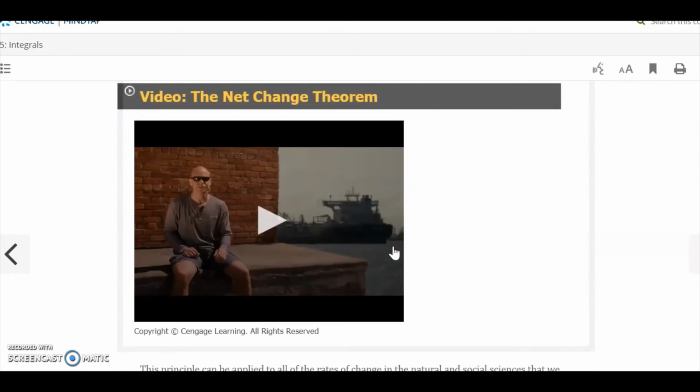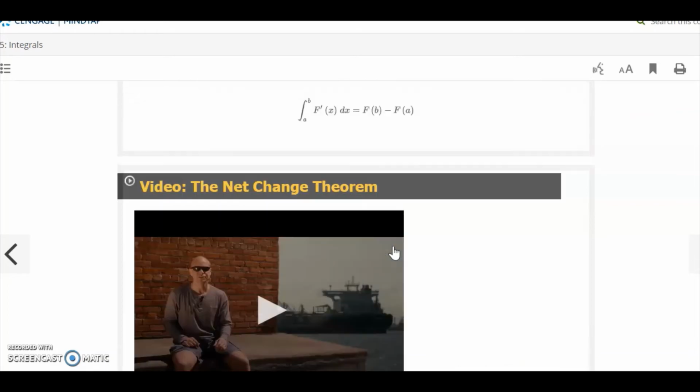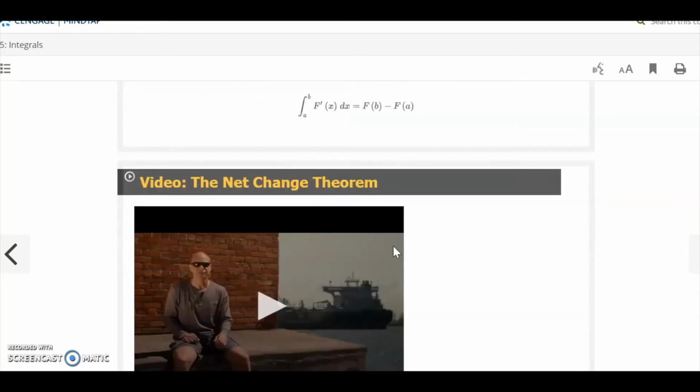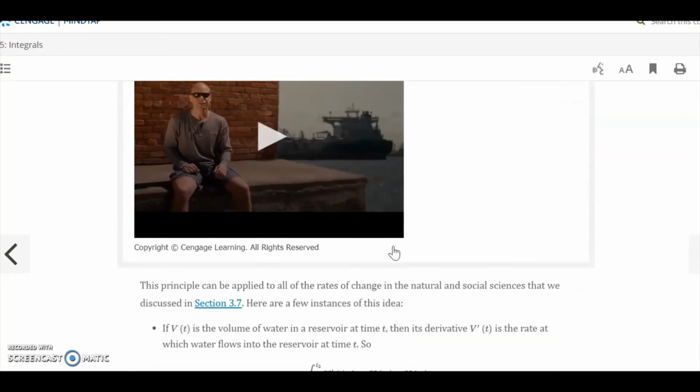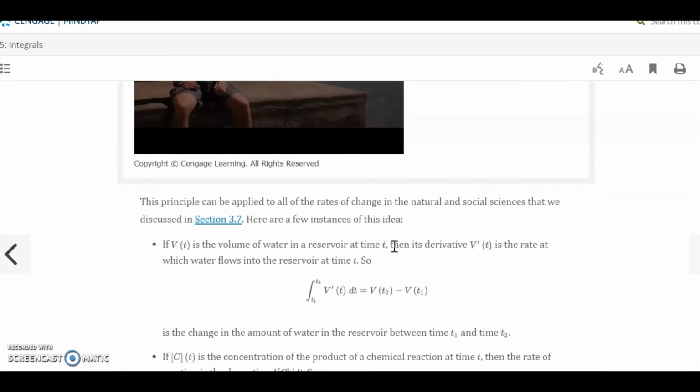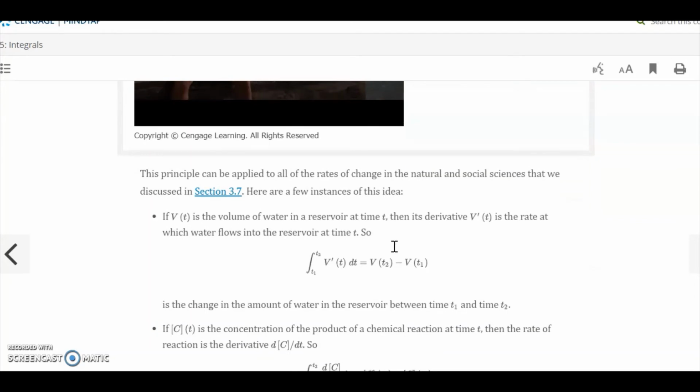And there's this nice video if you want to go ahead and watch that for extra practice. It talks about the net change theorem, but it's just applying what we already know. So the net change theorem, remember, we're finding area, but it's the net area when we're integrating. So we'll look at an application of this, and I think it'll make more sense.